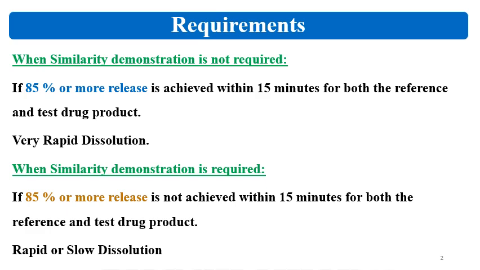Now, when is dissolution similarity required and when is it a must? If the dissolution is rapid, like 85% getting released in 30, 45 or 60 minutes, then dissolution profiling is done, and a comparative dissolution profile and dissolution similarity demonstration is required.